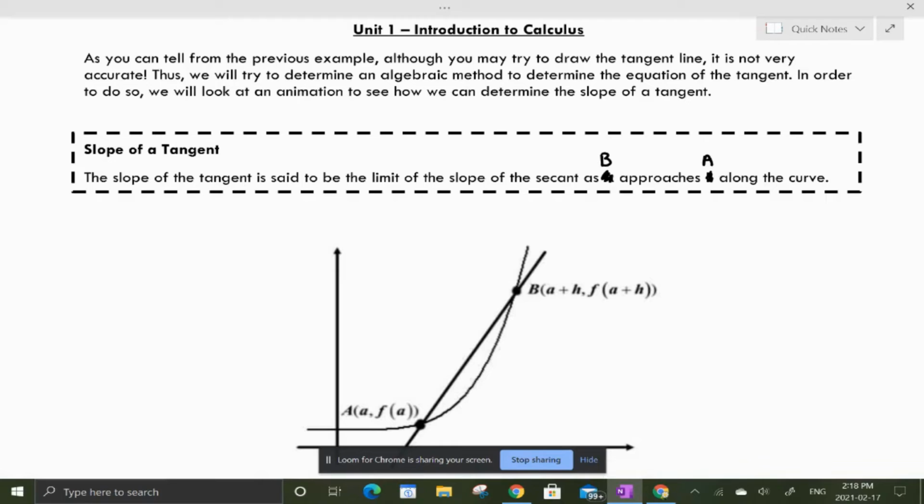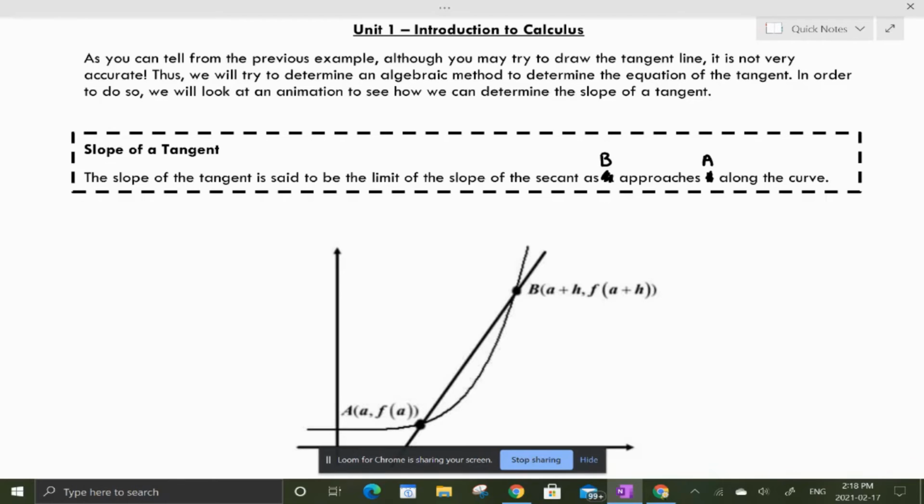So A is what we call your point of tangency, where we want that tangent line to be at. In order to figure out slope, you always need 2 points, right? You can't create slope with just 1 point. You need 2 points. So that's why we're taking a look at the secant line that's created as point B is slowly headed towards point A.